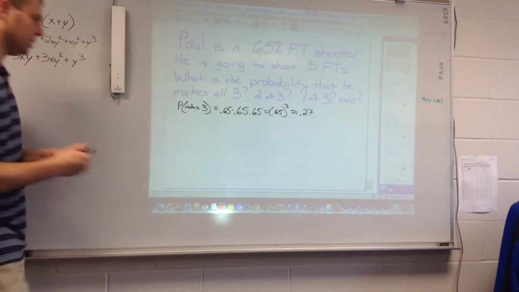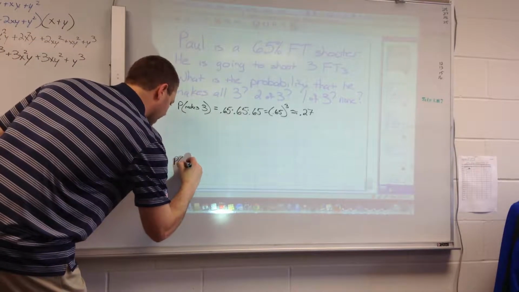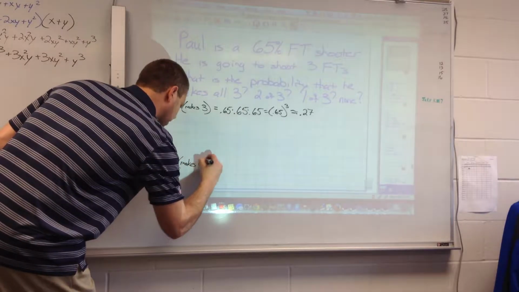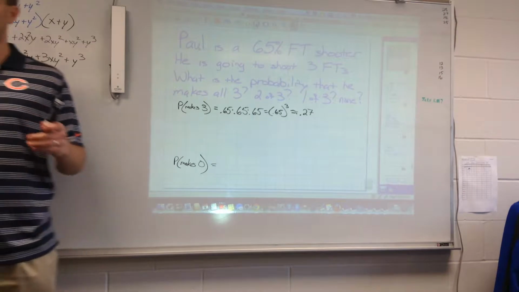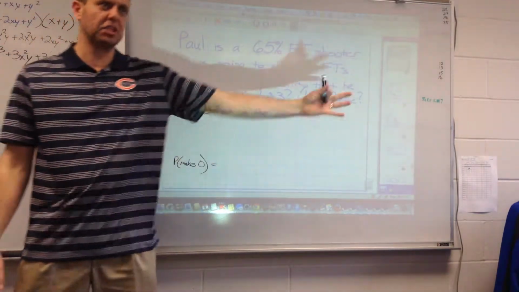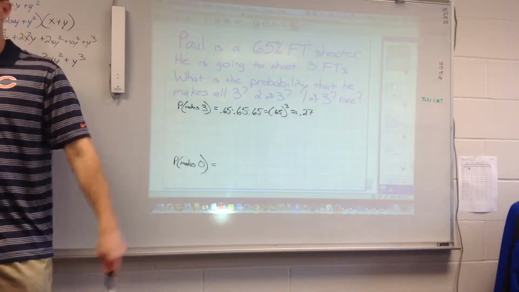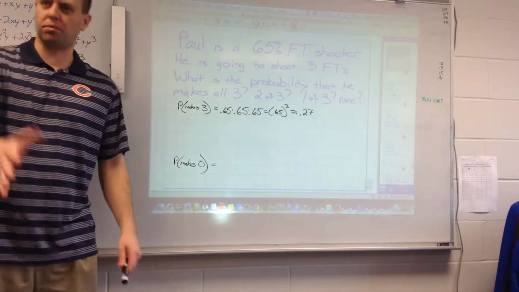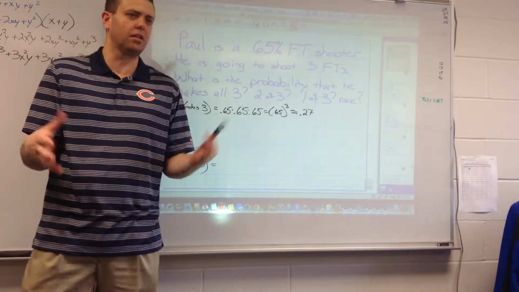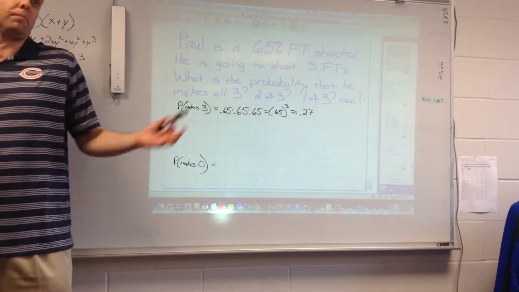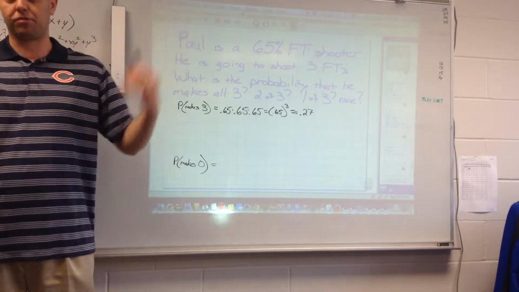The other really easy one to do would be the probability that he makes 0. How would you calculate the probability of him missing all 3 of them? 0.35 times 0.35 times 0.35, because if the probability of him making a free throw is 65%, the probability of him missing the free throw must be 100 minus that, or 35%.